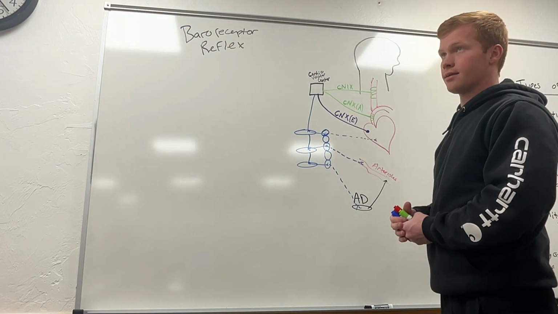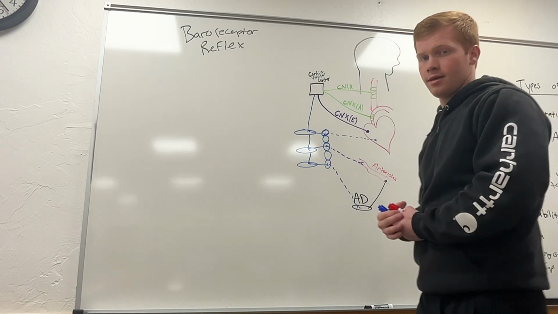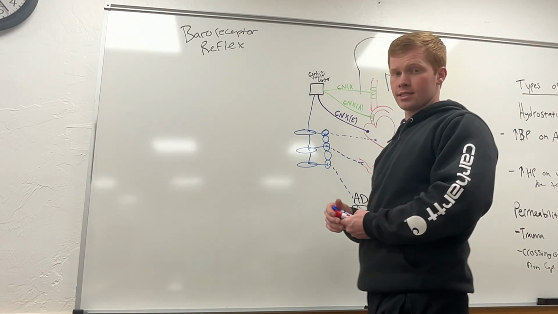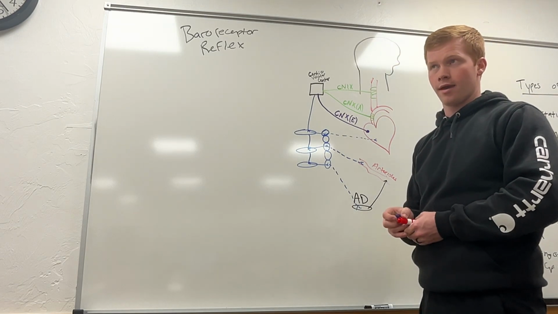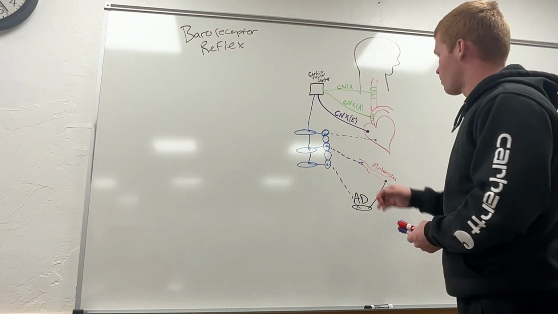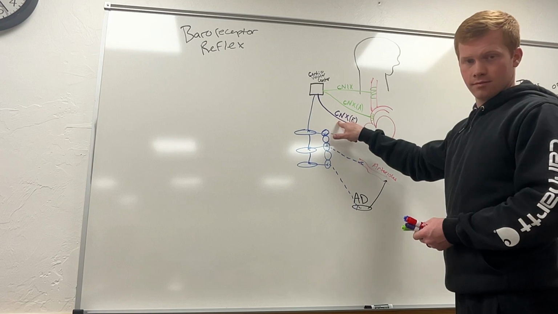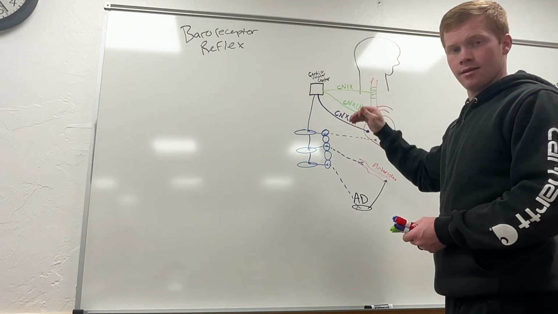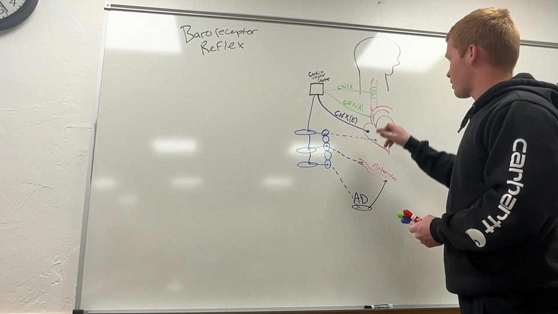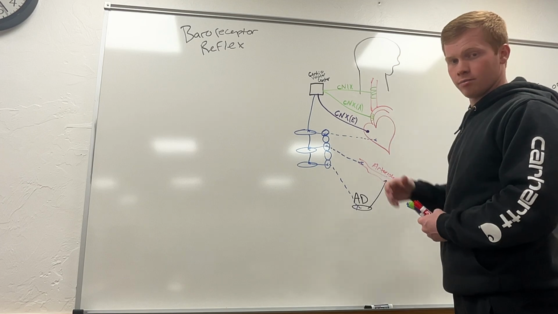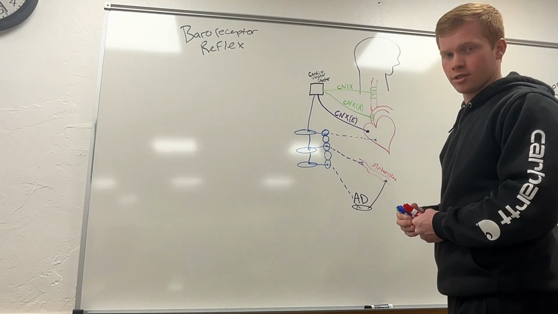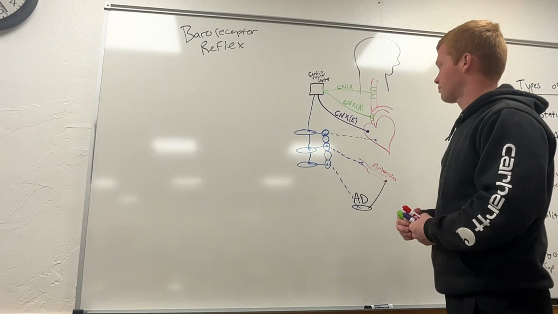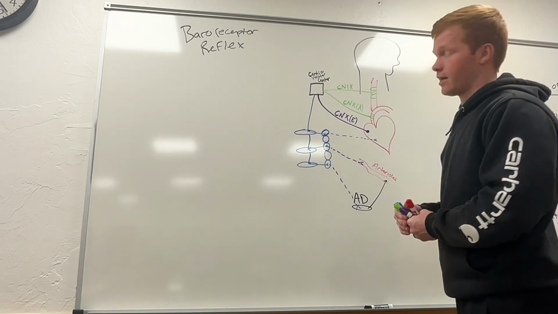Because the thing here is, if you remember, MAP is peripheral resistance and cardiac output. Cardiac output is stroke volume and heart rate. So if this parasympathetic can affect the heart rate, if we have an increase in blood pressure, I'm not sure if it's 100% what I'm about to say, correct?